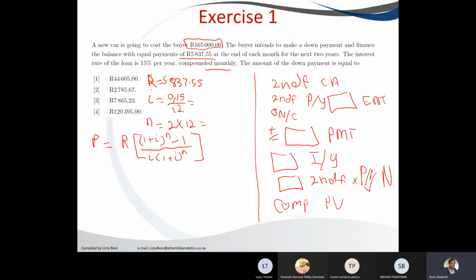You're going to take 165,000 and subtract the answer you get for the PV. And that should give us the down payment.